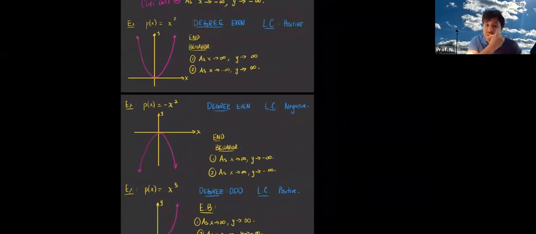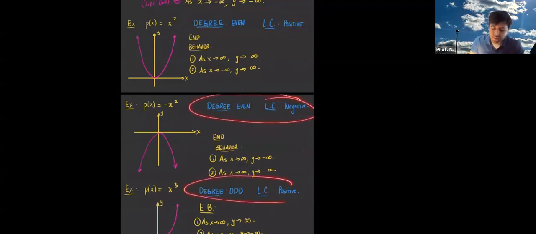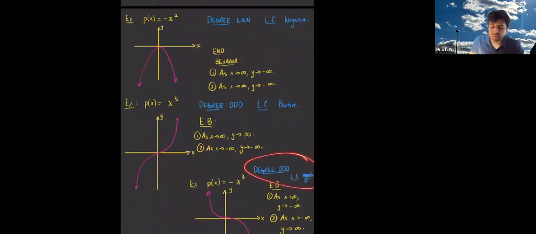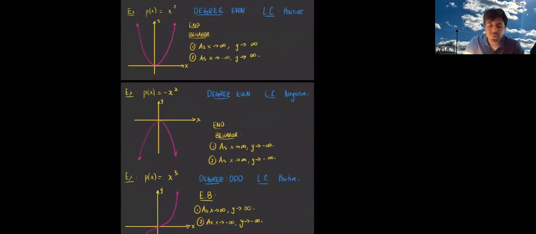Because you can categorize any polynomial with one of these pairings. For any polynomial, the degree has to be either even or odd, and the leading coefficient has to be either positive or negative.